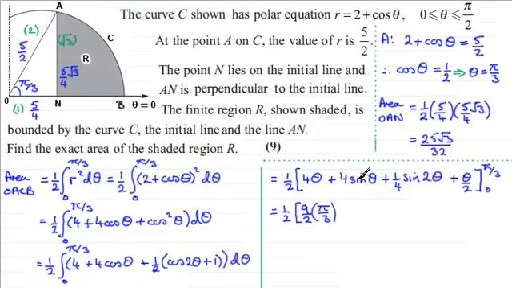And now if we substitute pi upon 3 for theta in sine theta, that would be sine of pi upon 3, which is root 3 over 2. So what we've got here is plus 4 times root 3 over 2. Then lastly, we've got a quarter sine of 2 times pi upon 3.